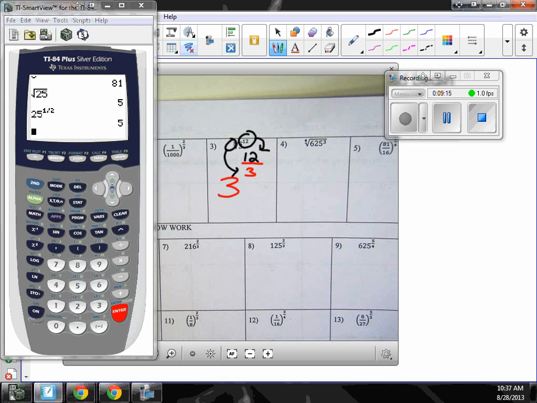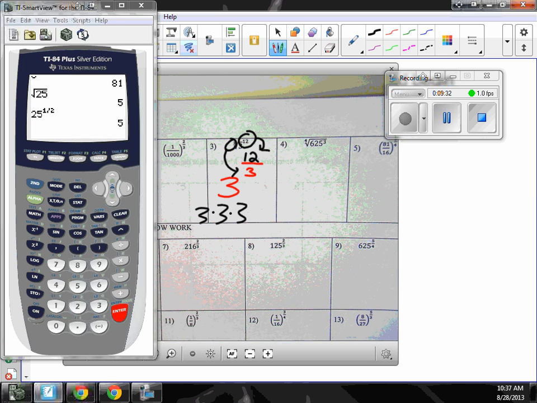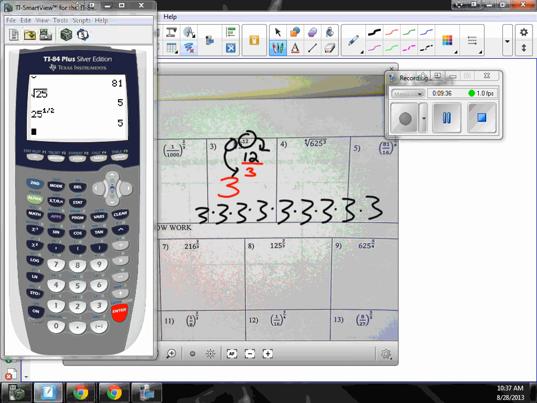So if we look at this problem, can 3 be broken into 3 equal pieces? What would the pieces be? I don't know. What to the third is 3? It's going to be some decimal. So let's not do that first. Let's do 3 to the 12th first. So 3 to the 12th, 1, 2, 3, 4, 5, 6, 7, 8, 9, 10, 11, 12.